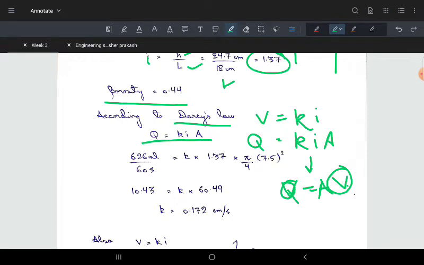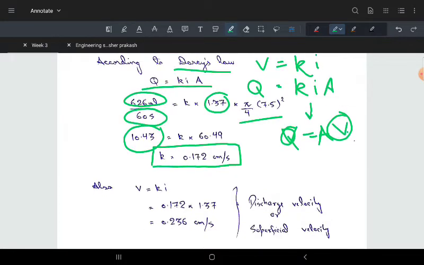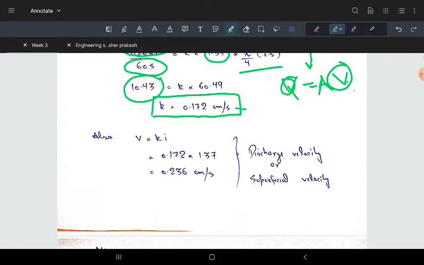We can calculate Q from the discharge: 626 ml were collected in 60 seconds, so the discharge is 10.43 ml per second. That is equal to K into i into A. A is equal to pi by 4 d squared, where the diameter is 7.5 centimeters. Working that out, K is equal to 0.172 centimeter per second. So we found the coefficient of permeability.